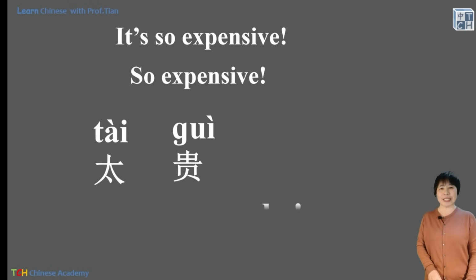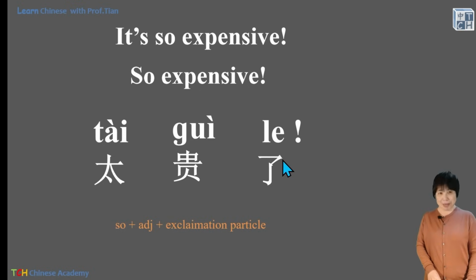In Chinese, we need to put a particle, that is 了, with a so and an adjective and 了. So this is the pattern. This 了 is a must. You cannot omit it. This is the exclamation particle, it has to be there. So don't just say these two words. Okay, this is important, remember?